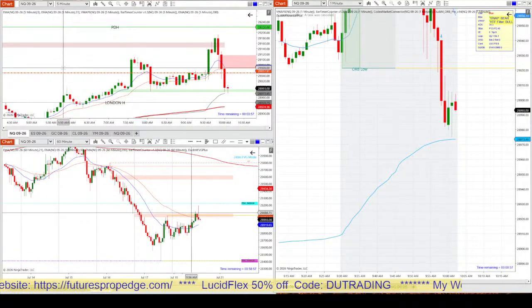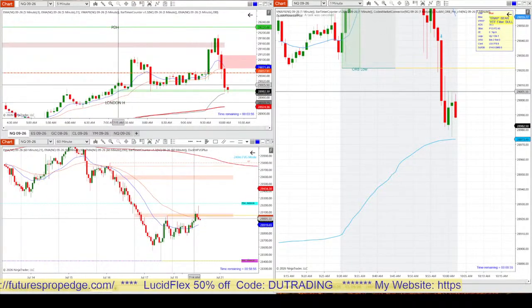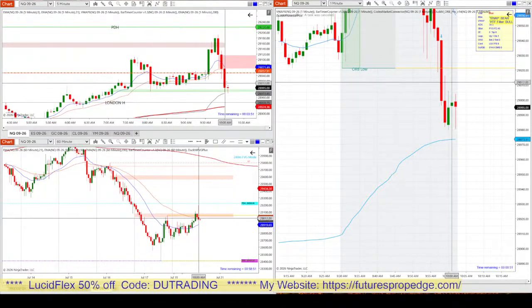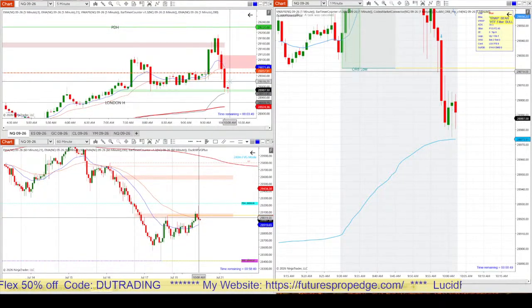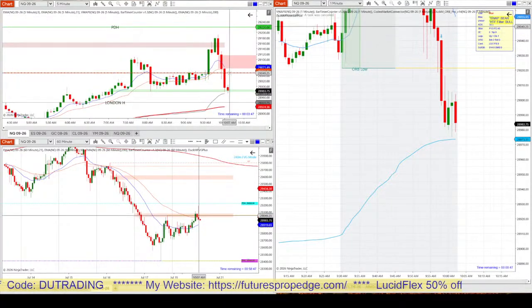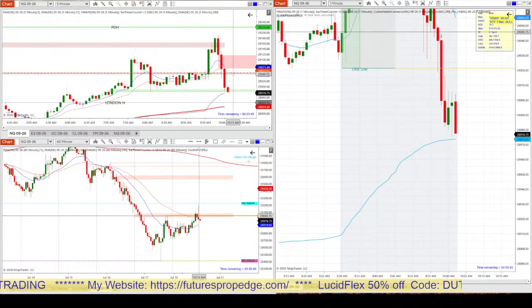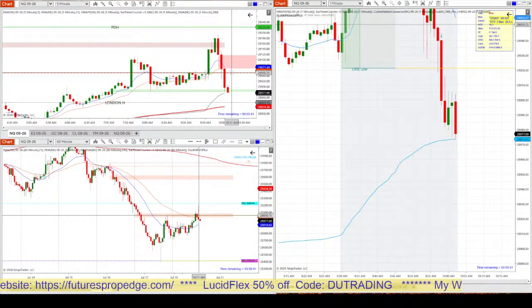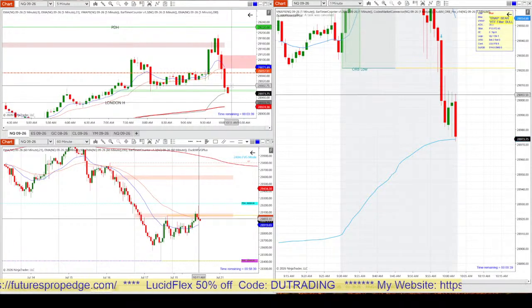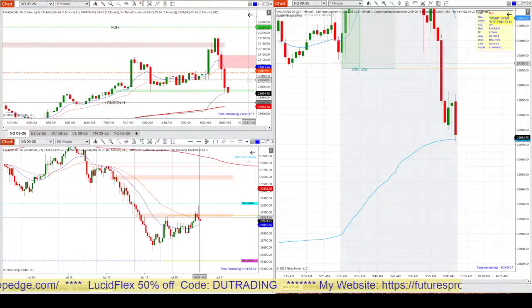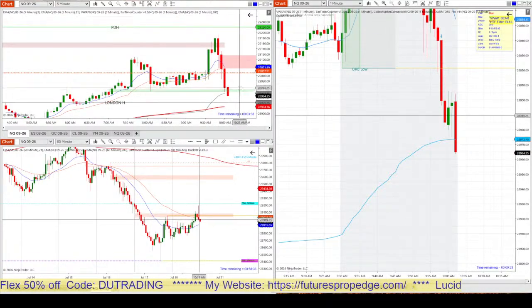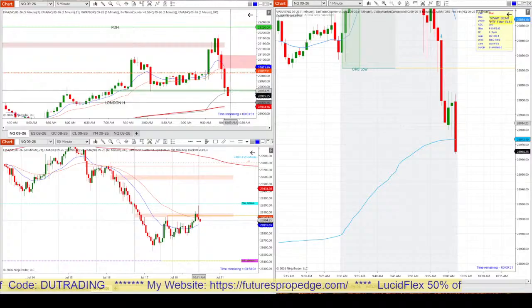And to show that, they will need to start printing candles potentially above 920 to start going towards that red line again, which is around 29,950, right? So you can see that's why I don't mess with it.